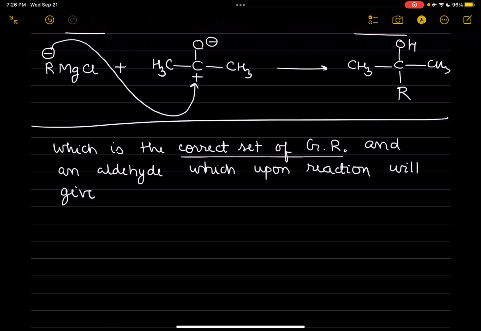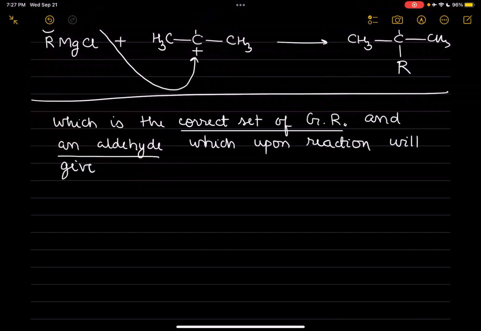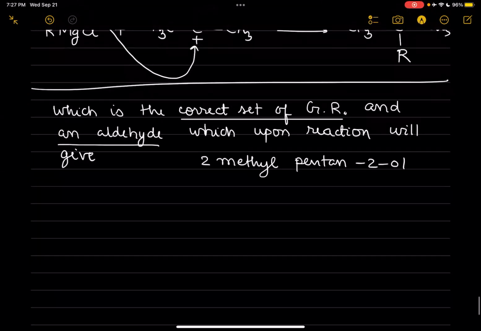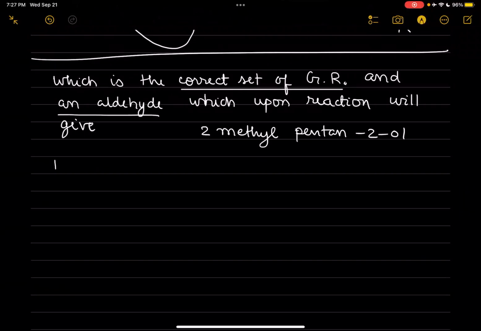Which is the correct set of Grignard reagent and the aldehyde, which upon reaction will give, which is the correct set of Grignard and a ketone.